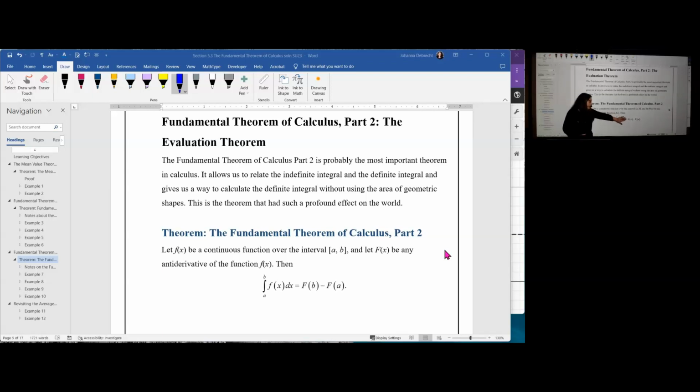Then we state that the definite integral from a constant a to a constant b of f of x dx is equal to that antiderivative evaluated at the upper limit of integration minus the same antiderivative function evaluated at the lower limit of integration. In other words, the area under the function lowercase f of x between a and b is the difference in the antiderivative function evaluated at the endpoints.